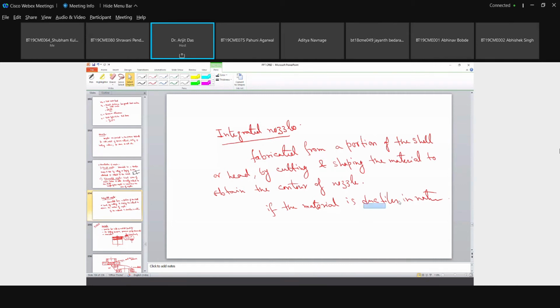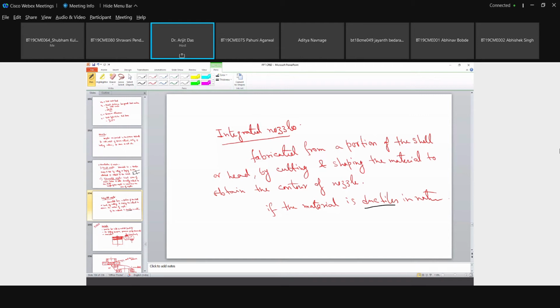You know what is the meaning of ductile? I discussed it in the first or second class. It means the span of the plastic zone is vast in a stress versus strain curve.